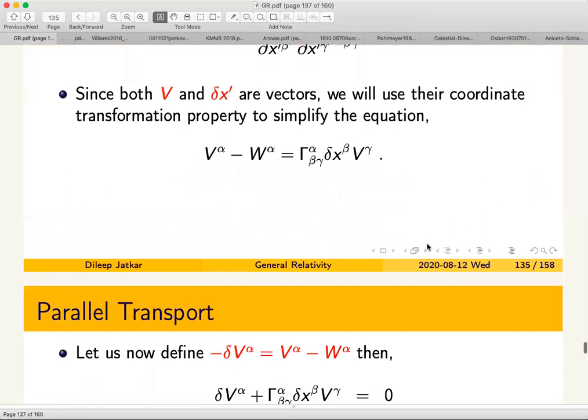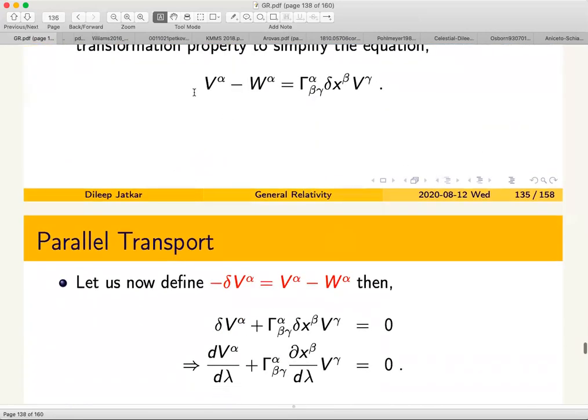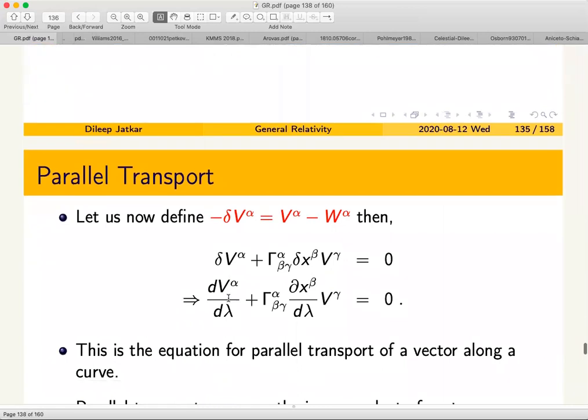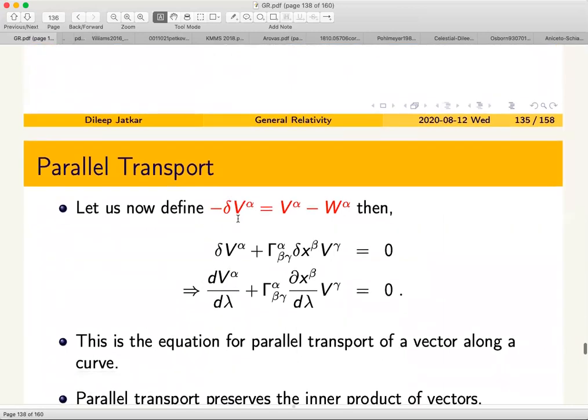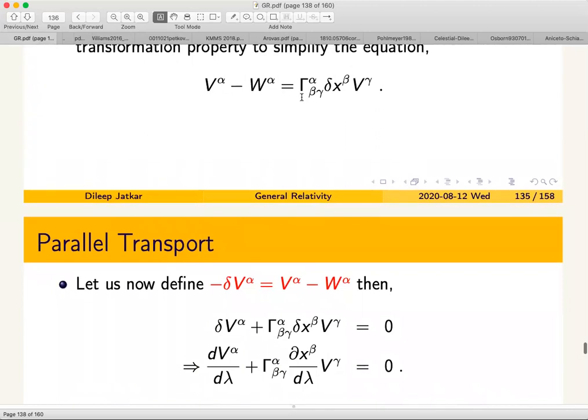So we'll define this thing v alpha minus w alpha to be a small variation in v alpha. Let's call it minus delta v alpha. If you do that, then this equation can be written as delta v alpha plus gamma times delta x beta delta v gamma equals 0.